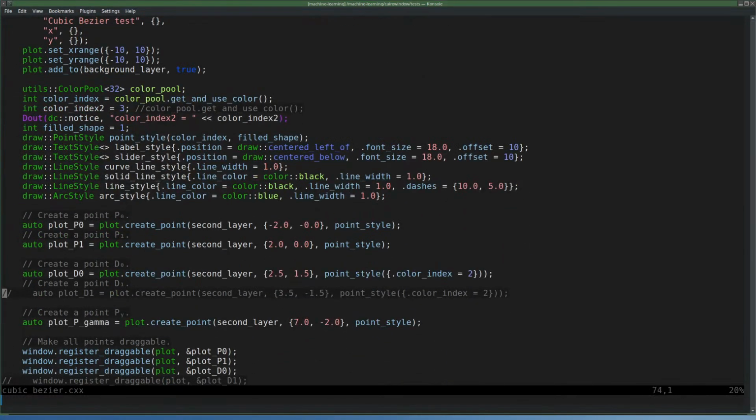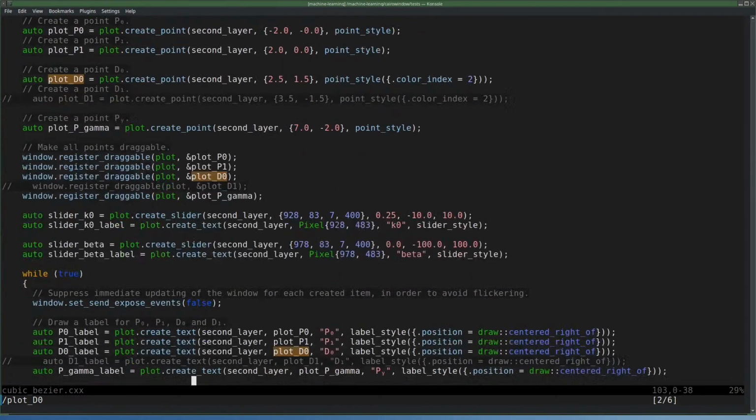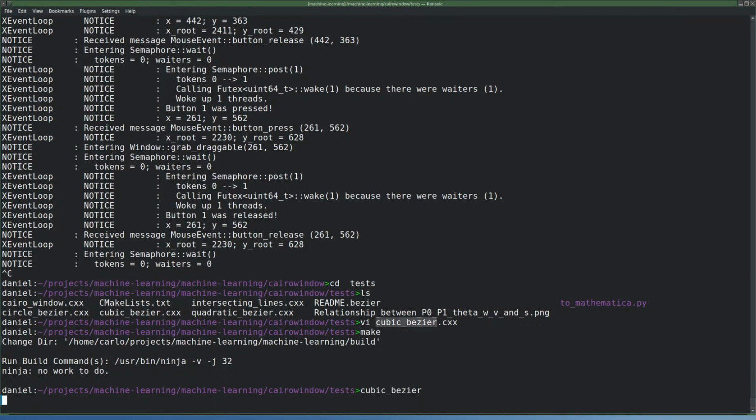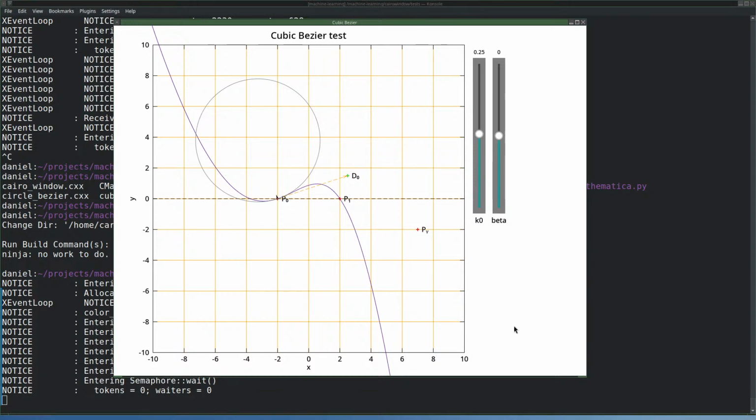I need to uncomment this one again. T1. Why is it commented out? No, I have D0 here. Draggable and all. This should work already. Cubic. Oh yeah, okay.